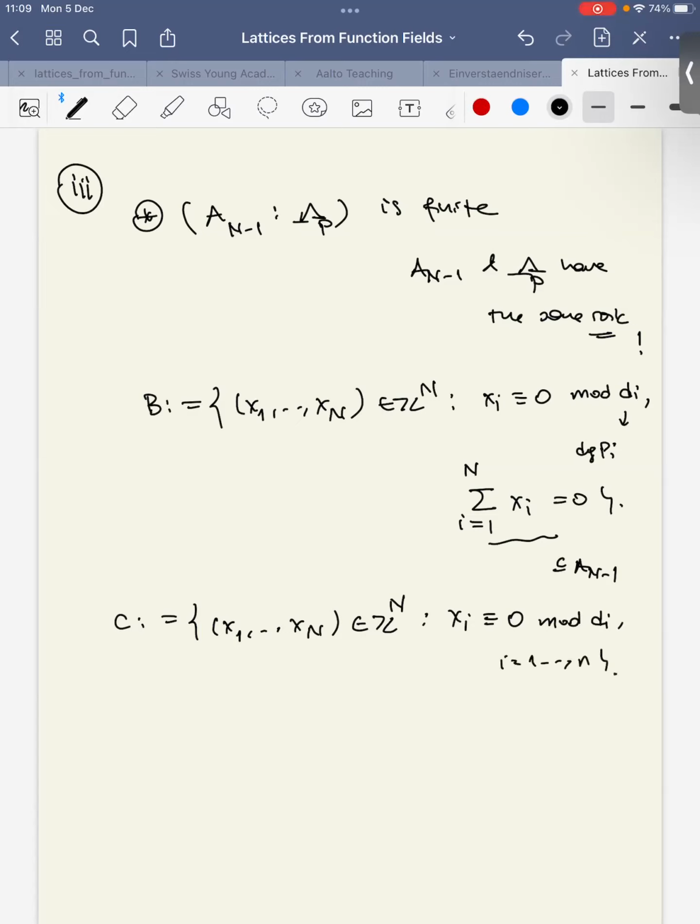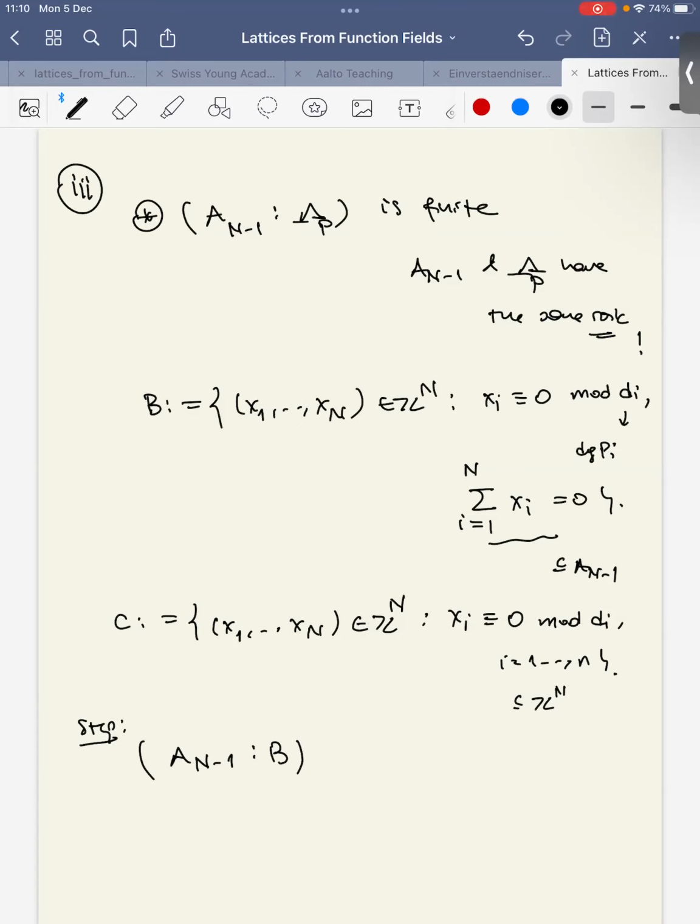So indeed B is a subset of C. As a first step, what we will conclude is that B is also a sublattice of A_{n-1}, by the definition of A_{n-1}, and this is a subset of Z^n. And the first thing we will calculate is the index of B inside of A_{n-1}.